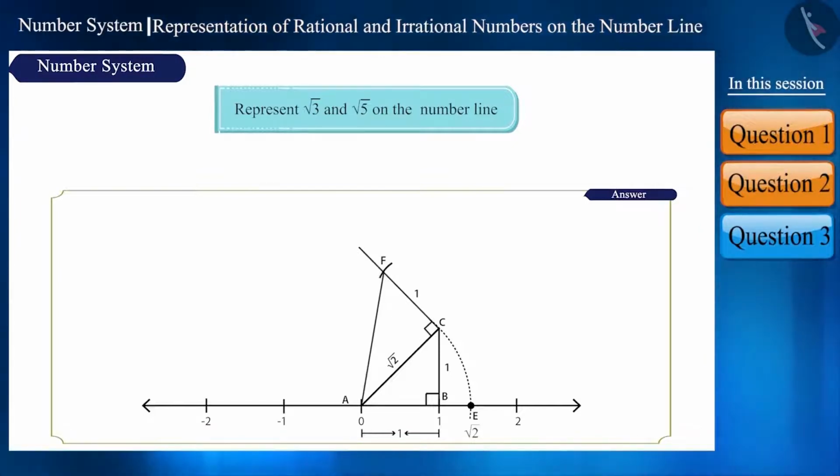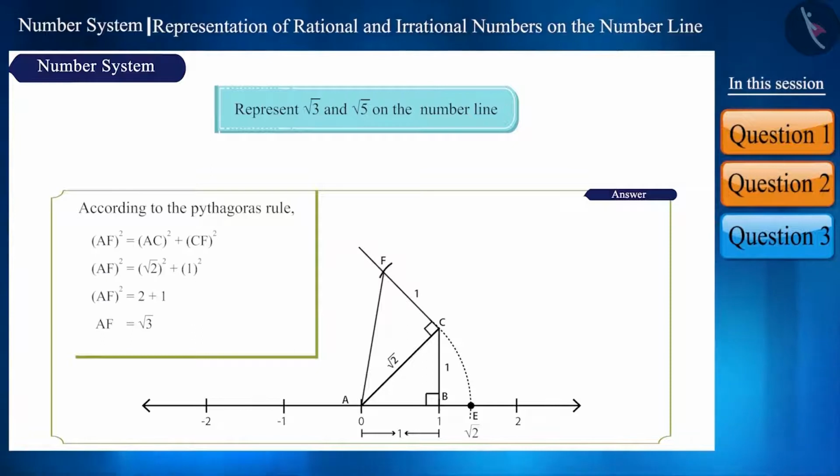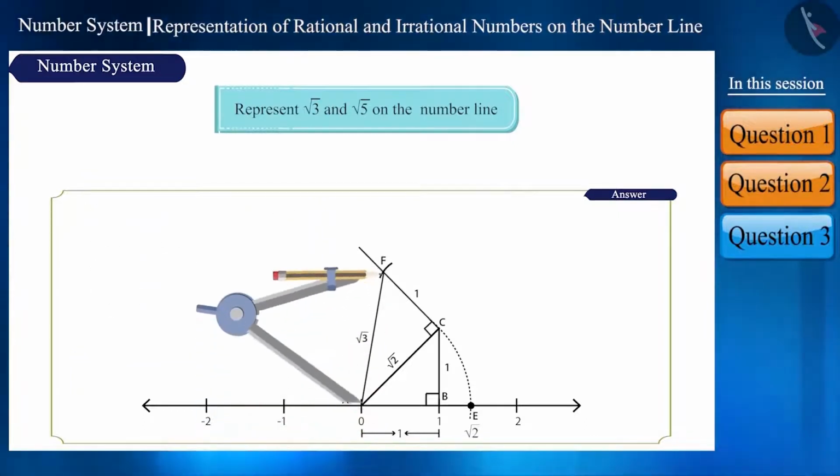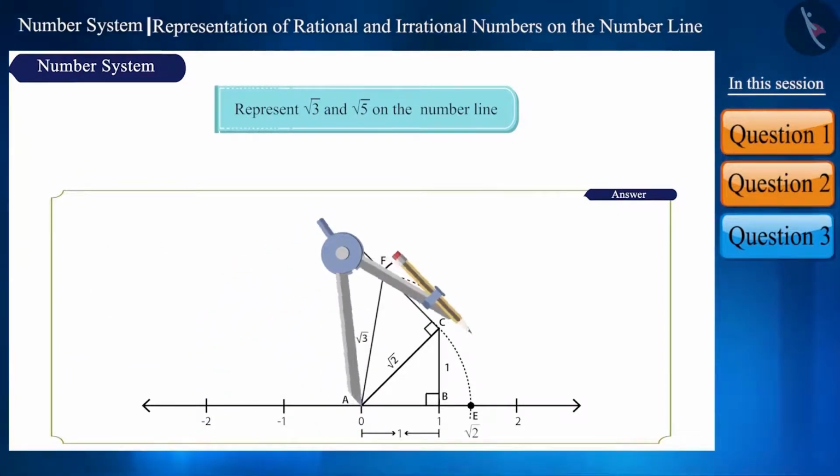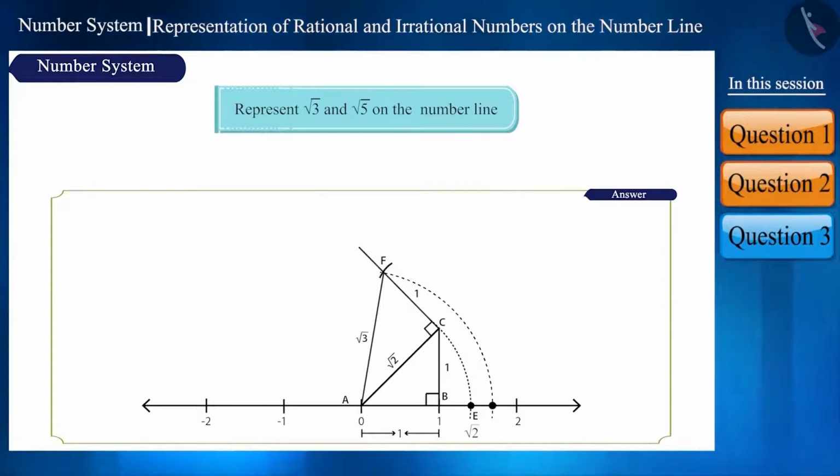Friends, if you look carefully, here we are getting a right angle triangle ACF. The length of AC is root 2 and that of CF is 1. Using Pythagoras theorem, we can find the length of AF, which will be root 3. Now measure the length AF using a compass and taking center as point A, draw an arc on the number line which cuts it at point G, and this point G represents root 3.